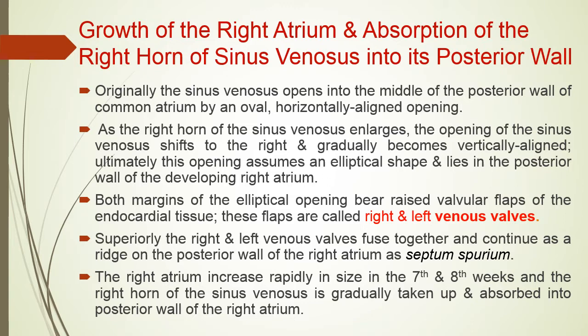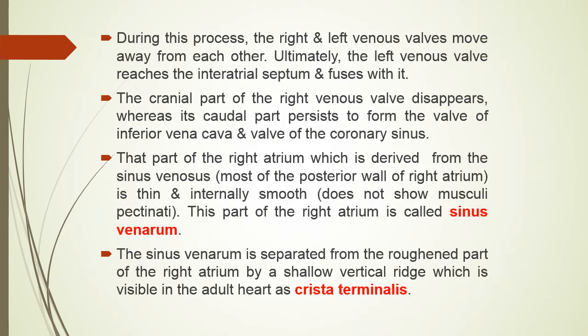Now, during the 7th and 8th week, the right atrium enlarges rapidly in size. When the right atrium enlarges, the right and left venous valves, which are guarding the opening of the right horn of the sinus venosus, move away from each other, and gradually the right horn of the sinus venosus is taken up into the wall of the right atrium.